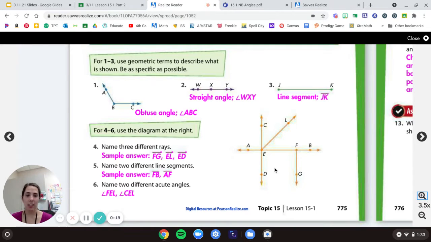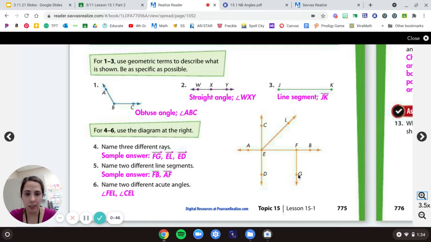Page 775 and 776. Number 4, you needed to name 3 different rays. Their examples were ray FG, ray EL, ray ED. If we look at those, it starts at E and goes to D. Yep, that's a ray because it's got a point at the first end and then an arrow at the other.